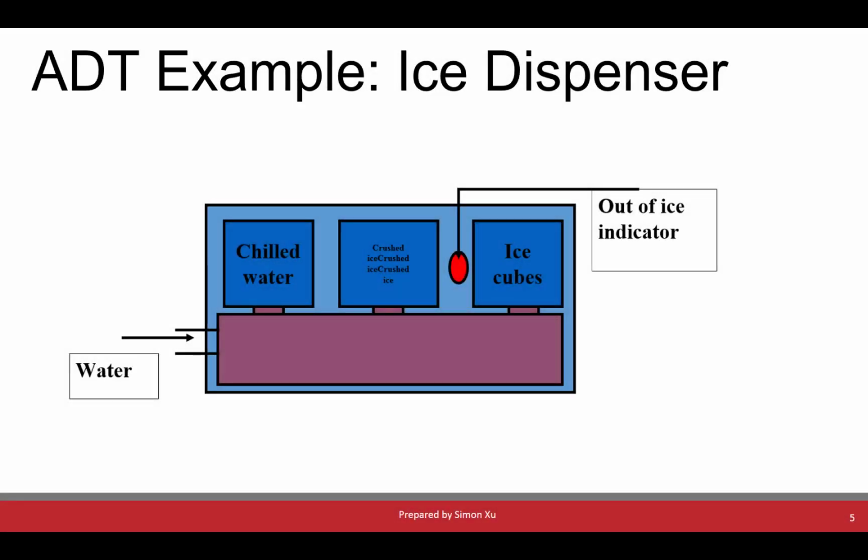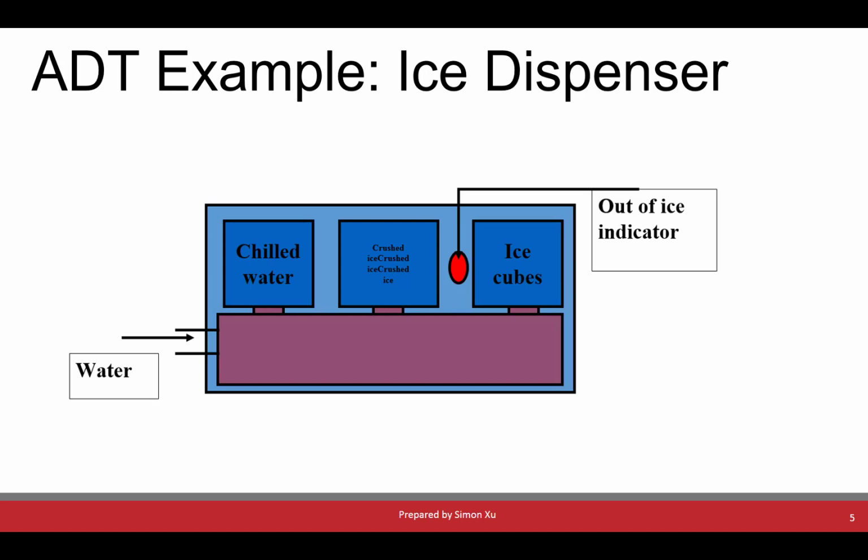One good example of the ADT concept is an ice dispenser. If we are engineers, we need to know how to design the ice dispenser to understand what kind of data have to be stored inside. For example, the input is water, the output should be chilled water, crushed ice, ice cubes, or a light indicating the out of ice.